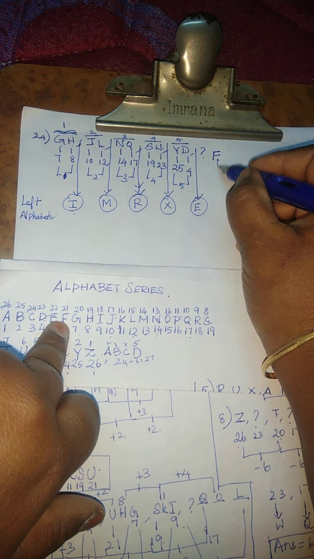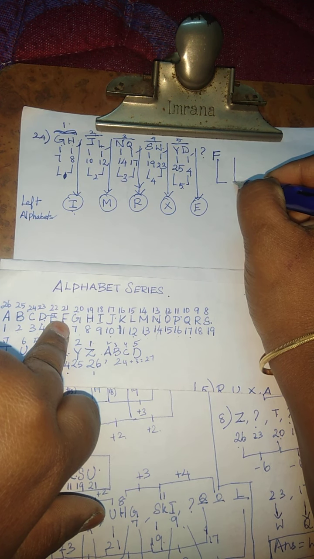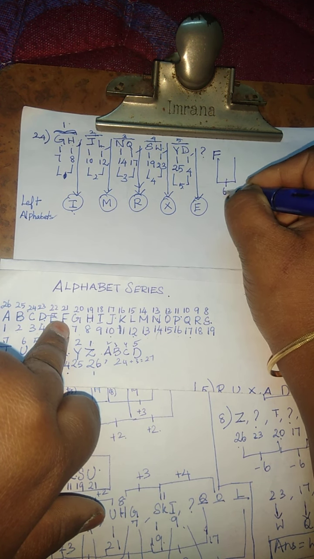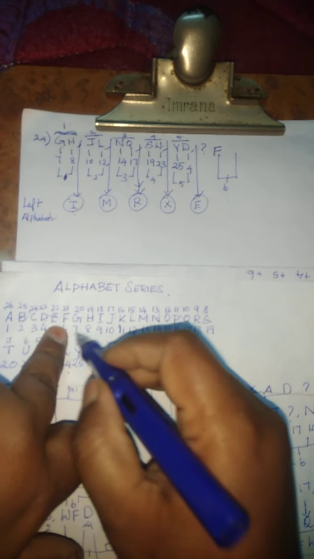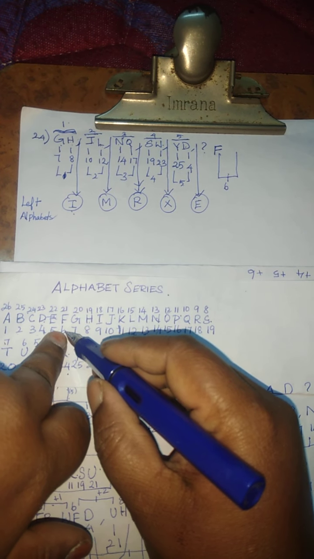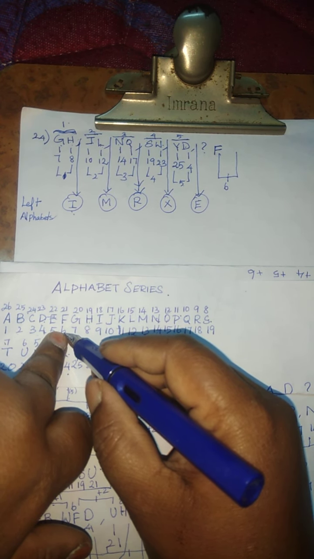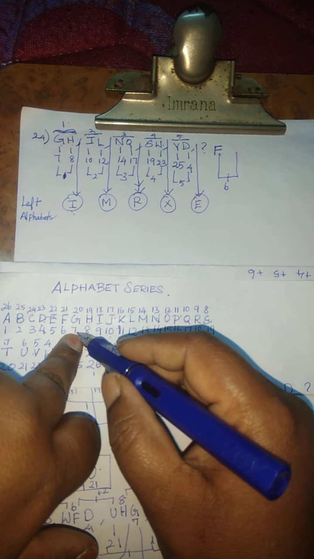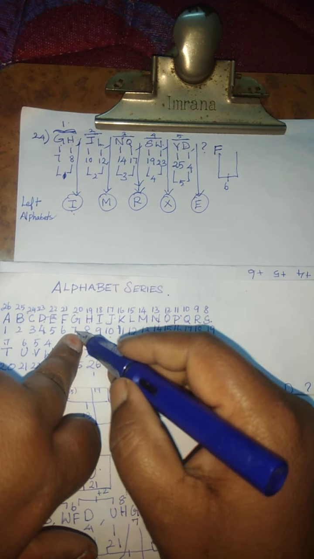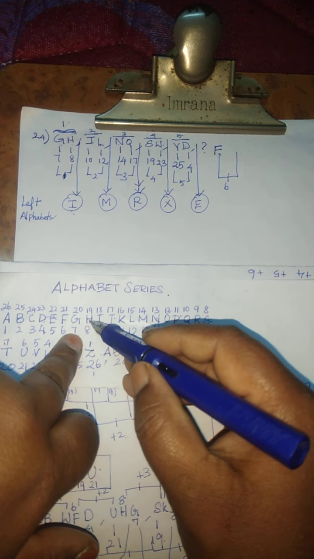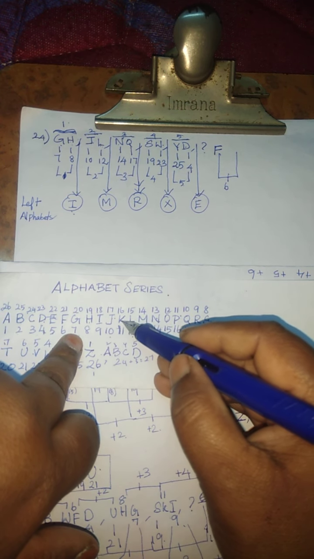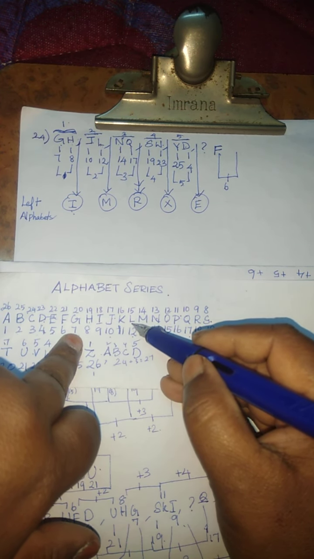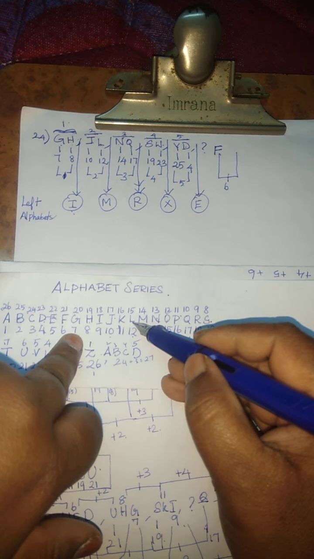Then between this and the next number, the difference should be 6. So after F, we should leave 6 alphabets. The sixth alphabet we should write. See, after F, 1, 2, 3, 4, 5, 6. Can you understand?